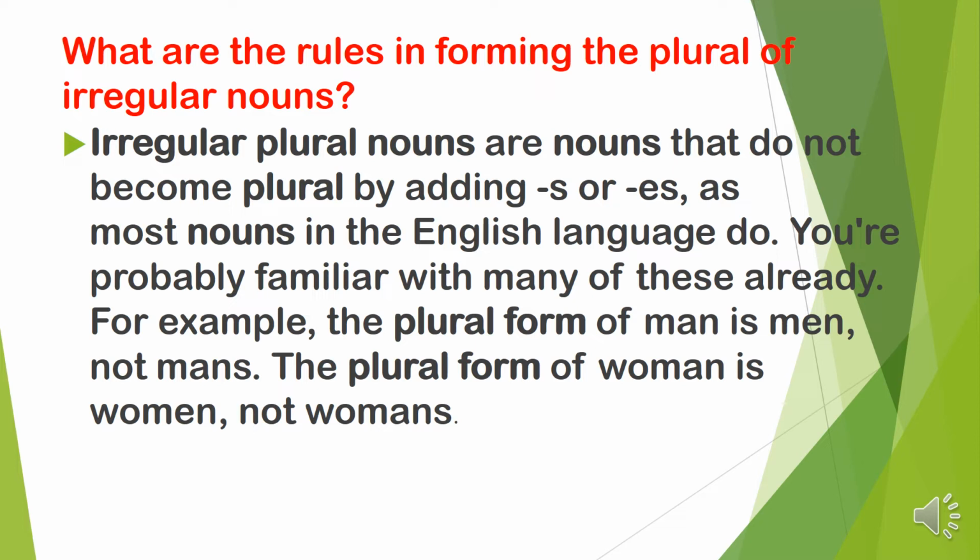Is that clear? Again, irregular plural nouns are nouns that do not become plural by adding s or es, as most nouns in the English language do. You're probably familiar with many of these already, but take note, class, you have to follow our rules in forming irregular plural forms of nouns.